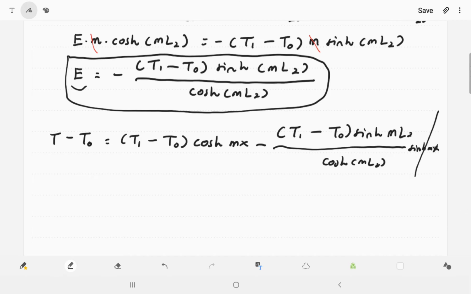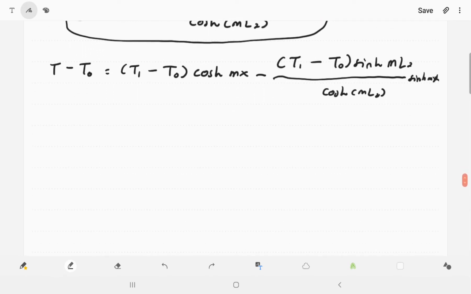Okay, so I go ahead with these derivations.